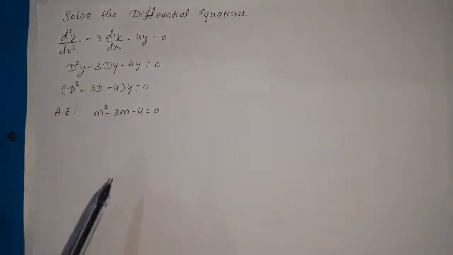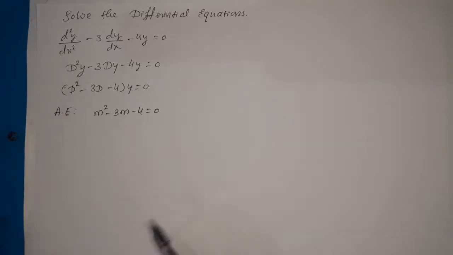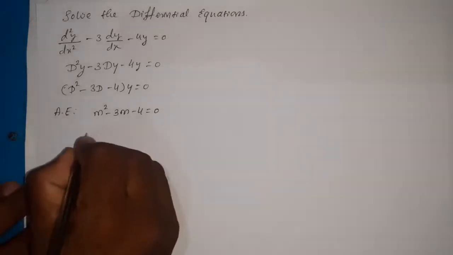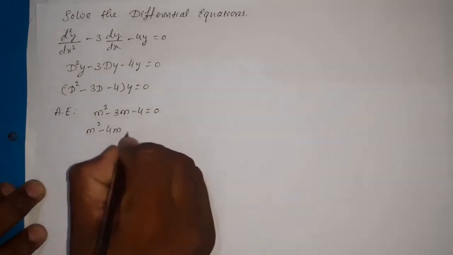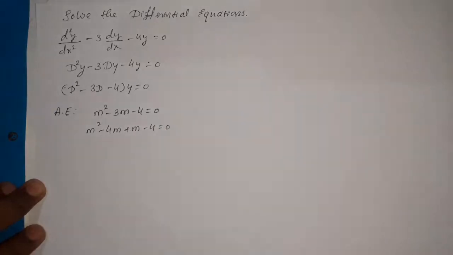Since it is a quadratic equation, it is easy to solve here, no need to use the synthetic division. So just by factorization we can solve. So here it is m square minus 4m plus m minus 4 equal to 0.